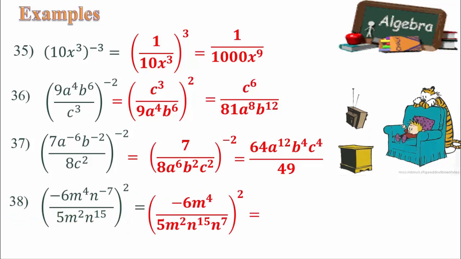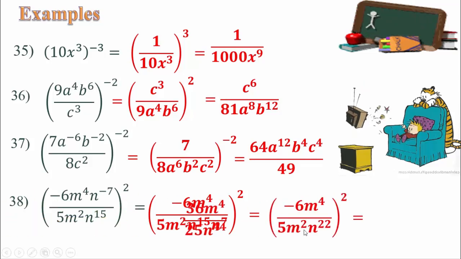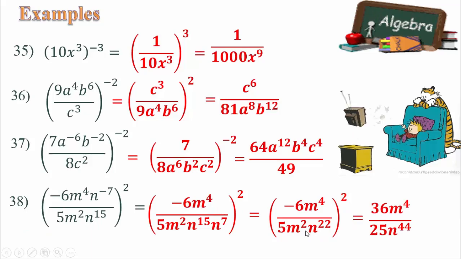Summarizing what we did on the whiteboard: I made sure I got rid of all the negative exponents inside the bracket and then worked it out till I got my final answer.